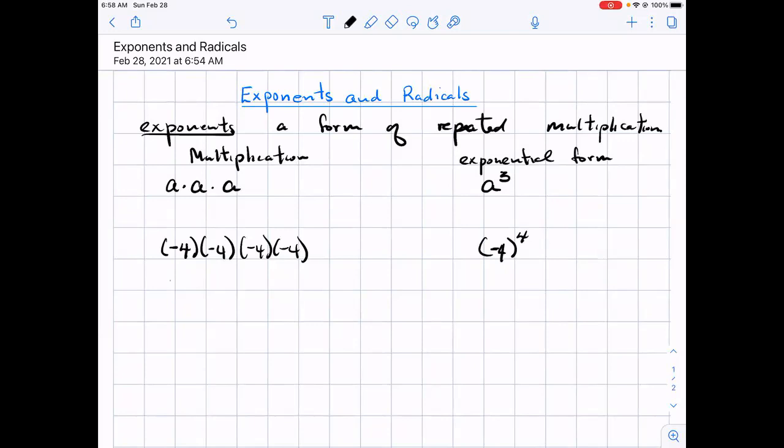Similarly, if I have 5x times 5x times 5x times 5x, the base here is 5x, and 5x is multiplied 1, 2, 3, 4 times.